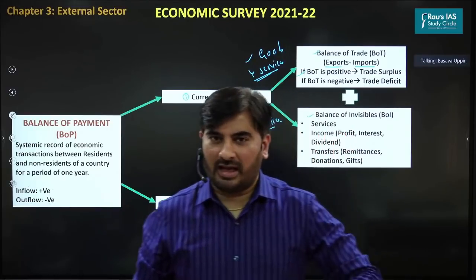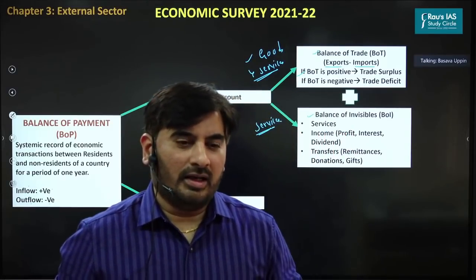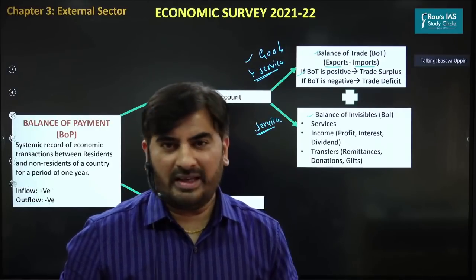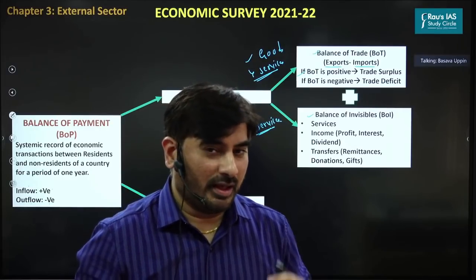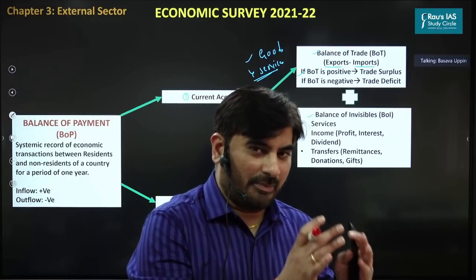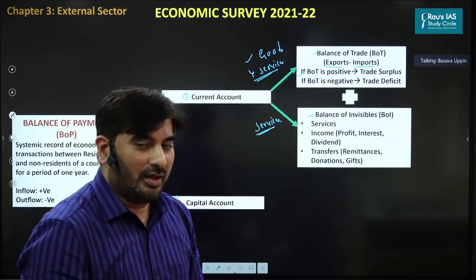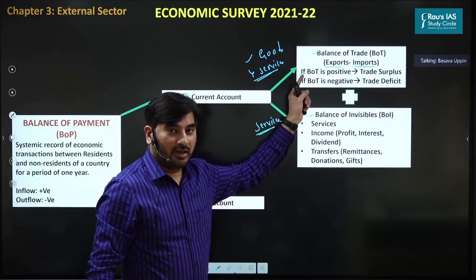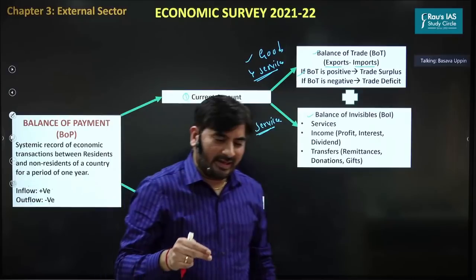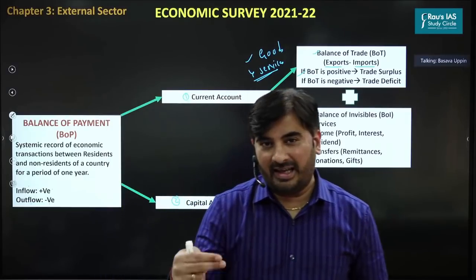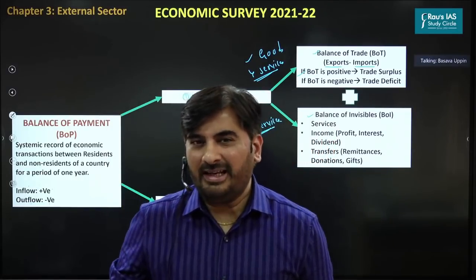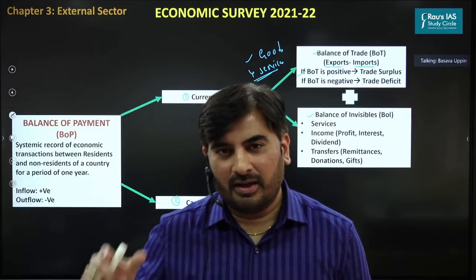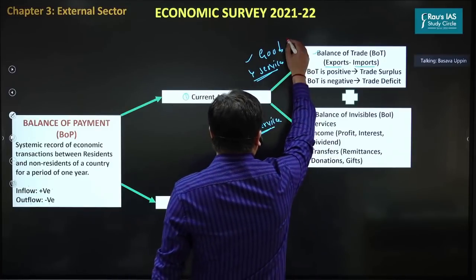One important thing I'm going to tell you here is that this year the Economic Survey has published the statistical appendix. Normally every year it publishes a statistical appendix, but this year, if you look at the overall trends with respect to balance of trade, that is BOT, you will find that since 1947, that is since India gained independence, almost 99.99% of the time, most of the years, the balance of trade has been negative.